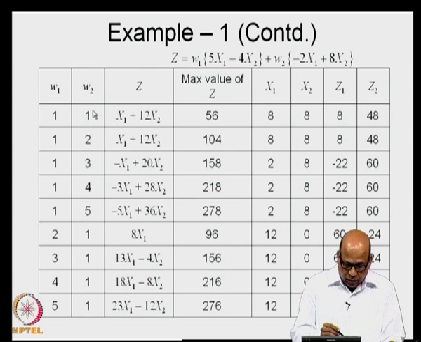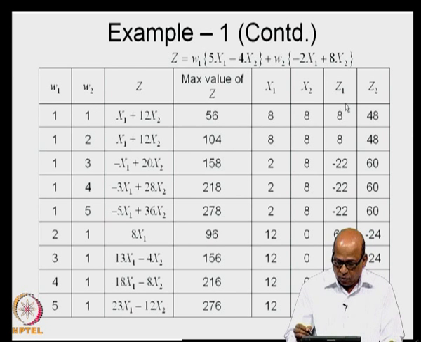So, as you increase w2, you start looking at what is happening to z. So, you are saying that my importance to objective number 2 is increasing. So, w2 must at least remain at the previous level or it should increase. As your w2 increases, objective 2 value increases. But simultaneously, the z1 cannot increase.